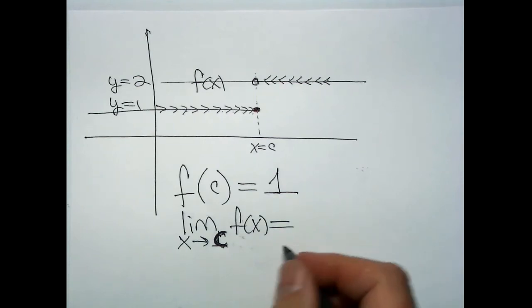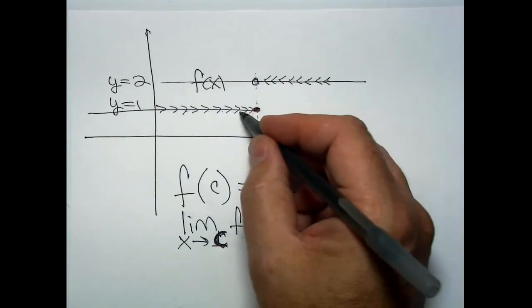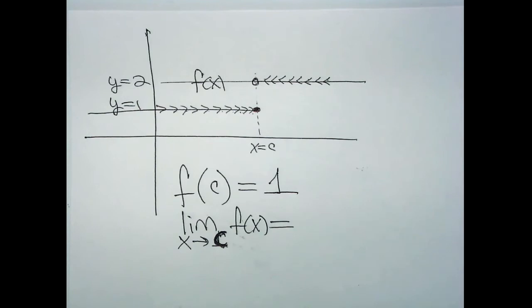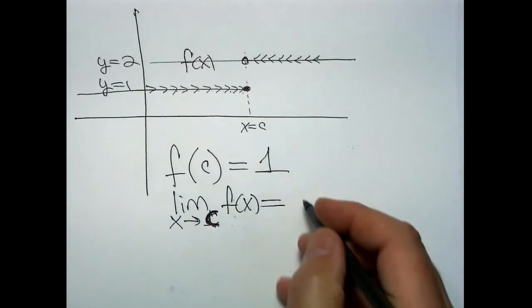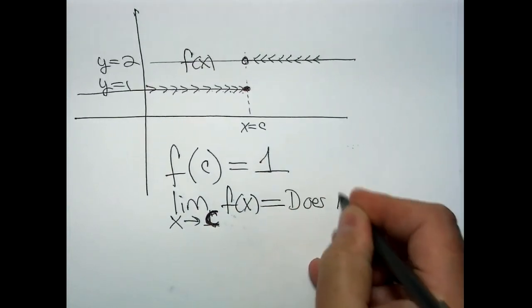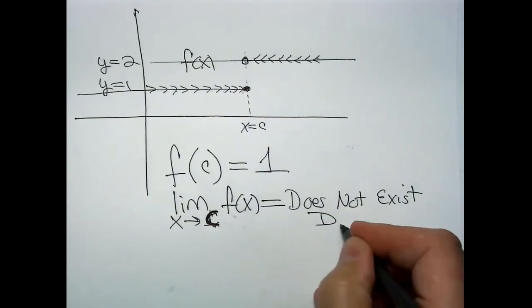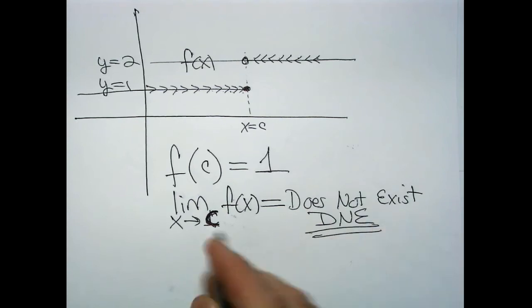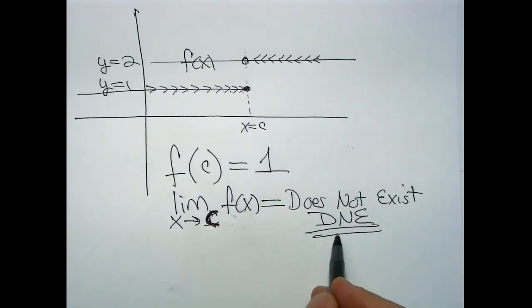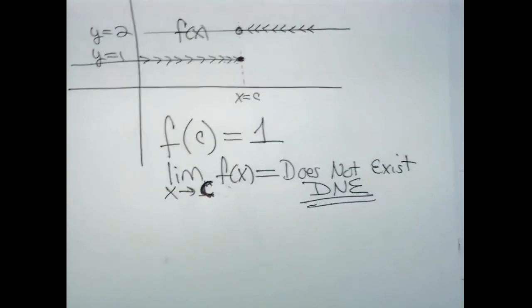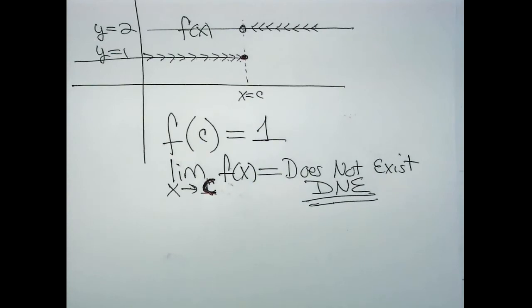So what happens is when the left and the right sides do not head to the same y value, we say that the limit does not exist. We shorten that up as DNE. We don't say that limits are undefined. We say that limits do not exist, and they do not exist for a variety of reasons.